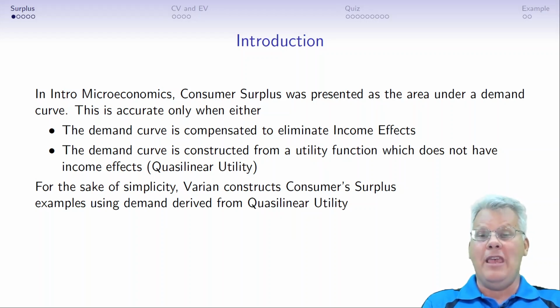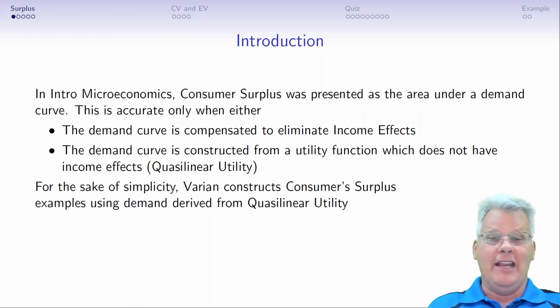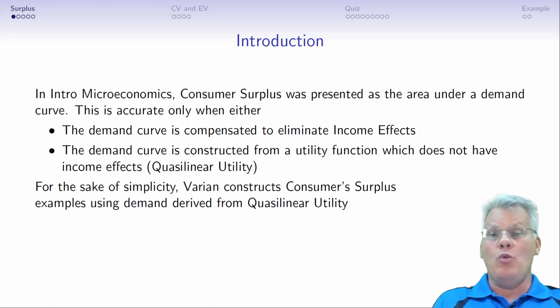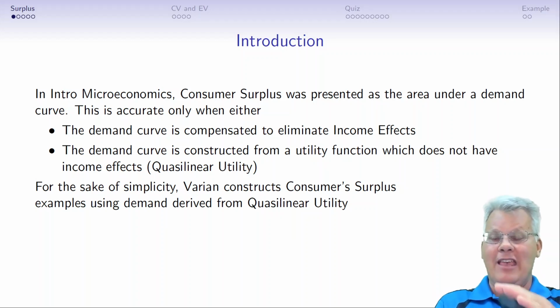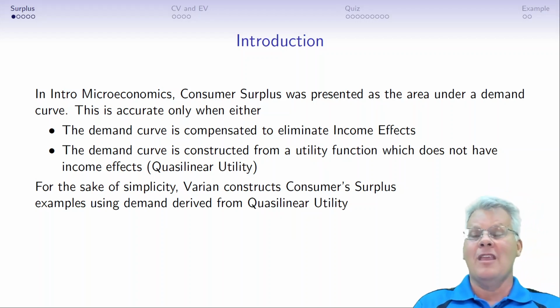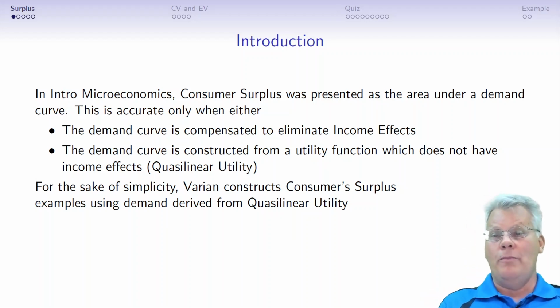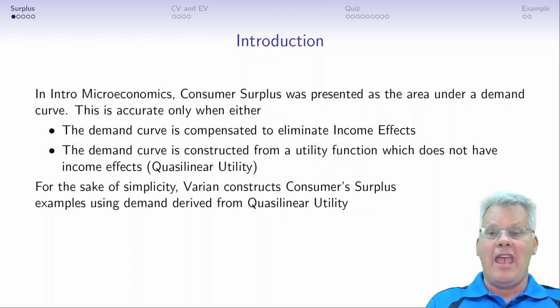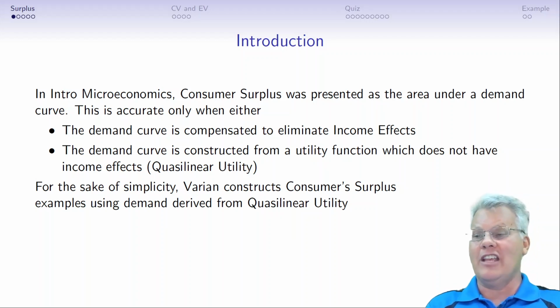And in so doing, we eliminated income effects. So this would be one way to ensure that the area underneath the demand curve really did represent changes in surplus. The other possibility would be that we use demand curves constructed from utility that does not have income effects.